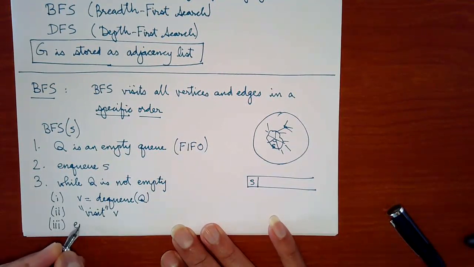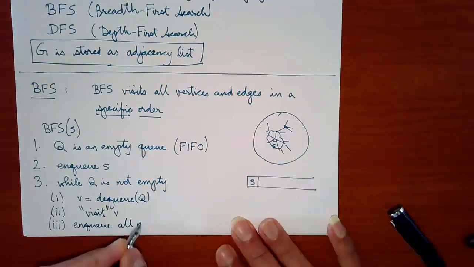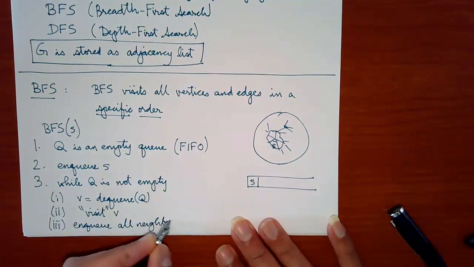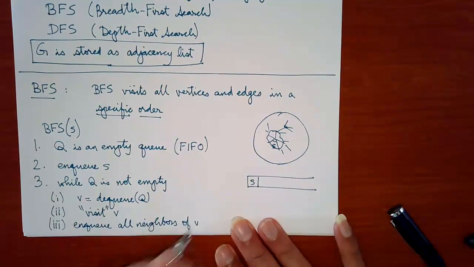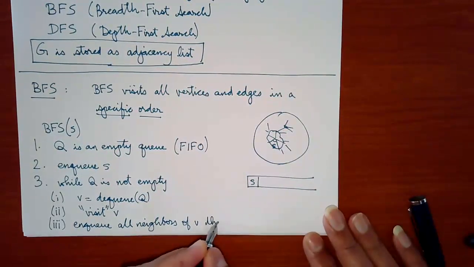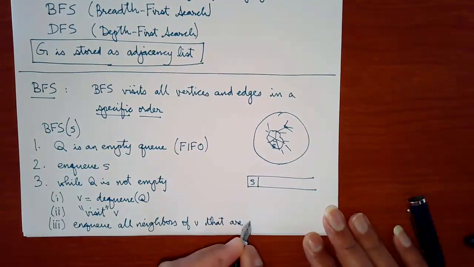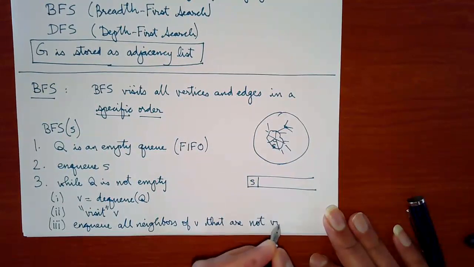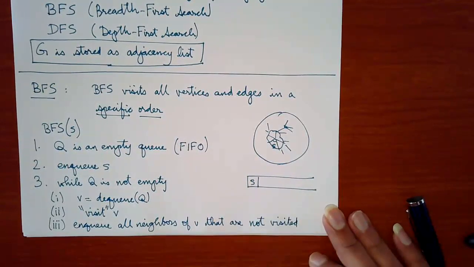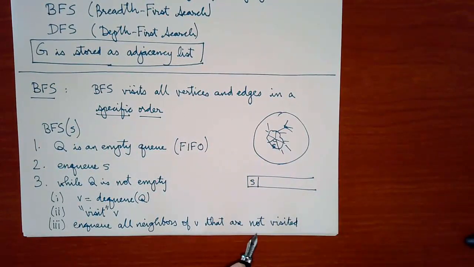And then you enqueue all neighbors of V that are not visited. Okay, I'm going to make all of these things precise, but essentially you look for new neighbors of V that have not been visited before, and then you put them back into the queue, so on and so forth. Okay, that's what BFS is.